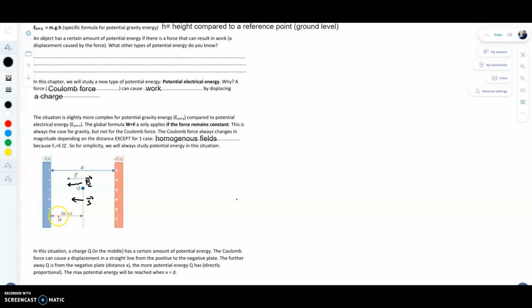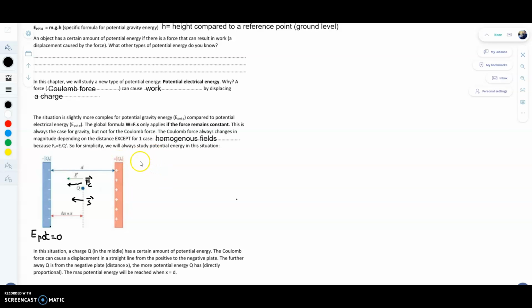Well, the height would be the distance measured from the negative plate in this case. Meaning that in this position, we would consider our potential energy to be 0. Why? Because your distance x is also 0.